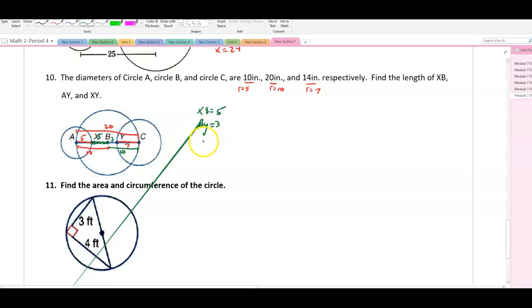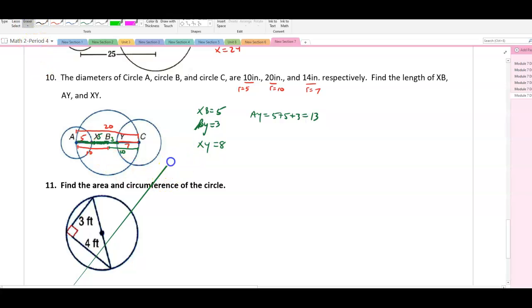And then right away, XY would just be 5 plus 3, which is 8. And now AY is going to be the 5 plus the 5 plus the 3, which gives you 13. Okay?